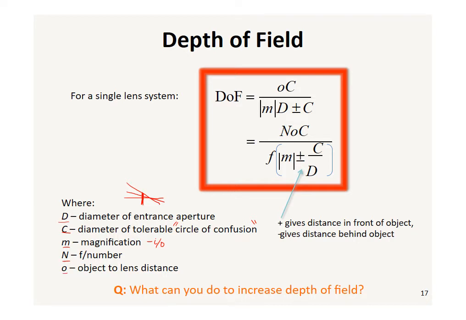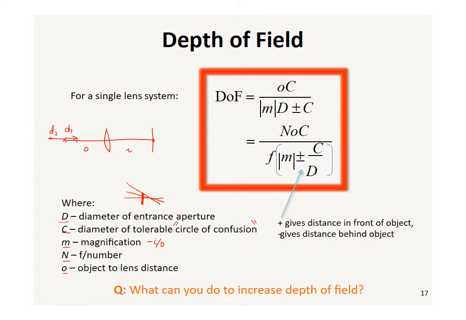So what these expressions give you is, we already know O and I for perfect focusing. Now, if we move a distance d1 in front of the object, then that's the distance where we've got a small blur that we can still deal with. And then we can move a distance d2 behind.